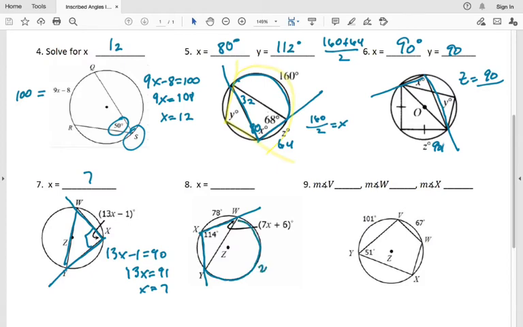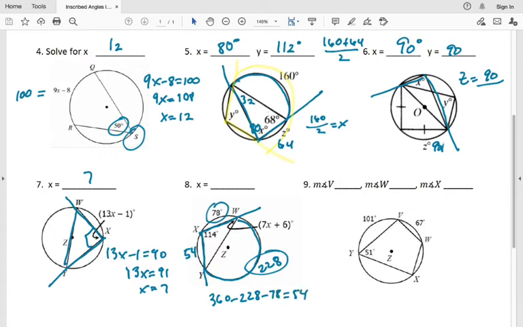So this has to be 228. And then I know that this is 78, this is 228. The whole circle has to add up to be 360. So when I do 360 minus 228 minus 78, I get 54.